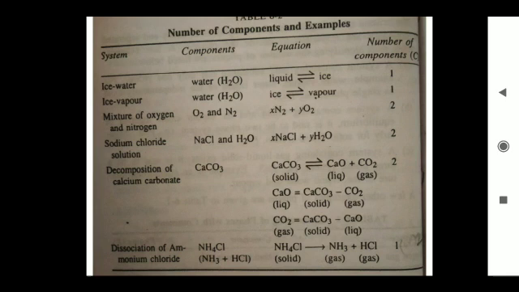In the ice and vapor state, the component is water and equilibrium occurs between ice and vapor, so the number of components is 1. By considering the mixture of oxygen and nitrogen system, the number of components is 2.